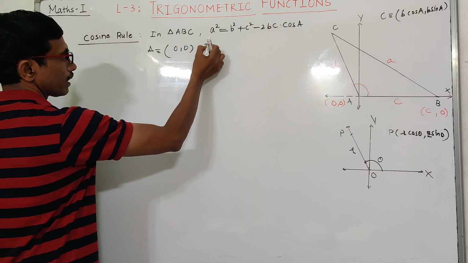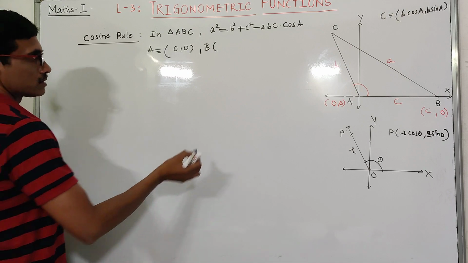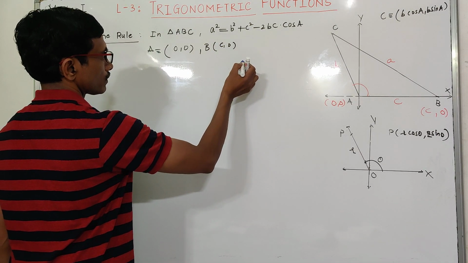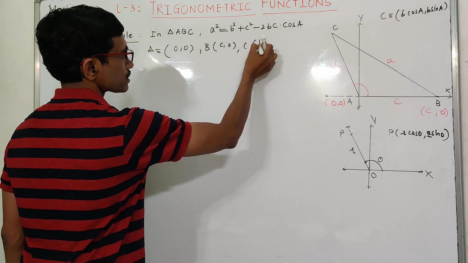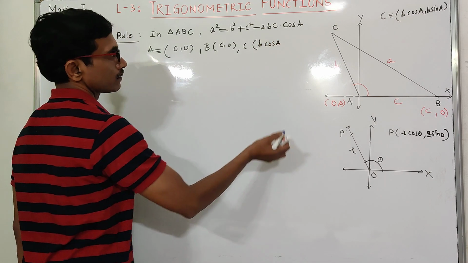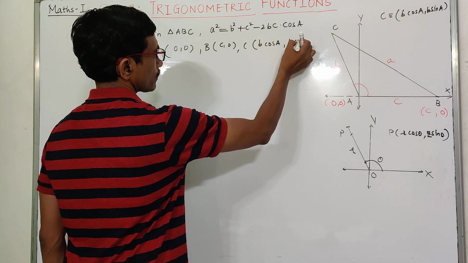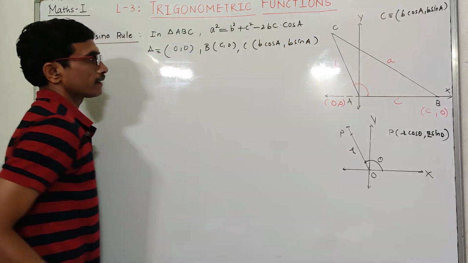Coordinates of B are c, 0, and coordinates of C are b cos A, b sin A.